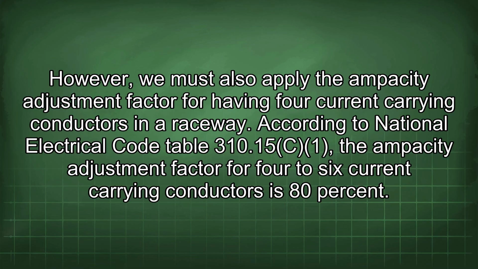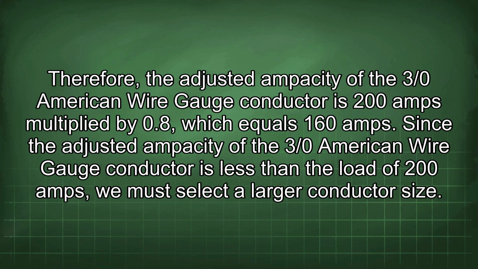According to National Electrical Code Table 310.15, the ampacity adjustment factor for 4 to 6 current-carrying conductors is 80%. Therefore, the adjusted ampacity of the 3/0 American wire gauge conductor is 200 amps multiplied by 0.8, which equals 160 amps. Since the adjusted ampacity of the 3/0 American wire gauge conductor is less than a load of 200 amps, we must select a larger conductor size.